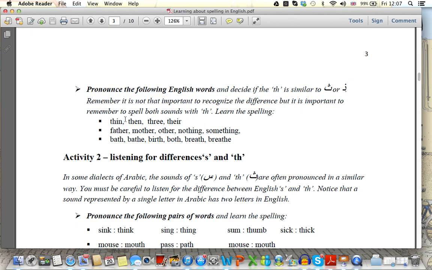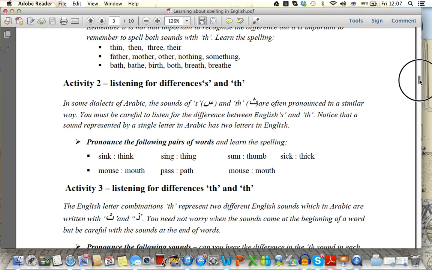So we have thin, then, three, there, father, mother, other, nothing, something. And then when we look at these, we have bath and bathe. Can you hear the difference between the two th sounds? We have breath and breathe.